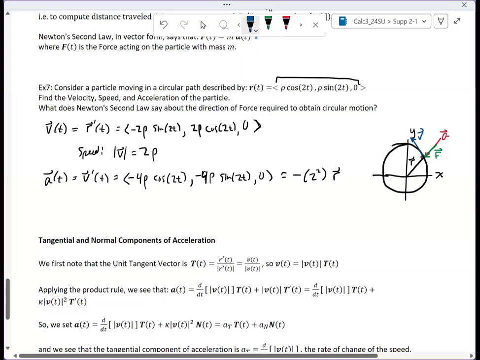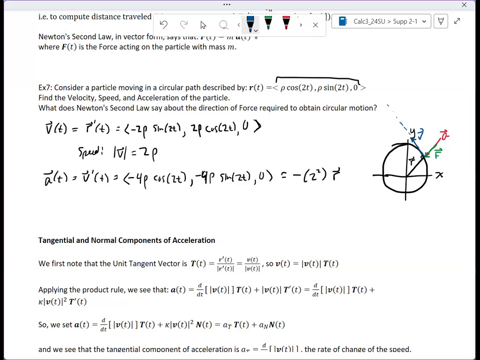But I actually noticed that if I was thinking of this particle being tied to the end of a rope and I was swinging it around, and I just cut whatever cord was holding it when it hit this point, well, my particle would just continue along this straight line in the direction of v, the velocity vector.